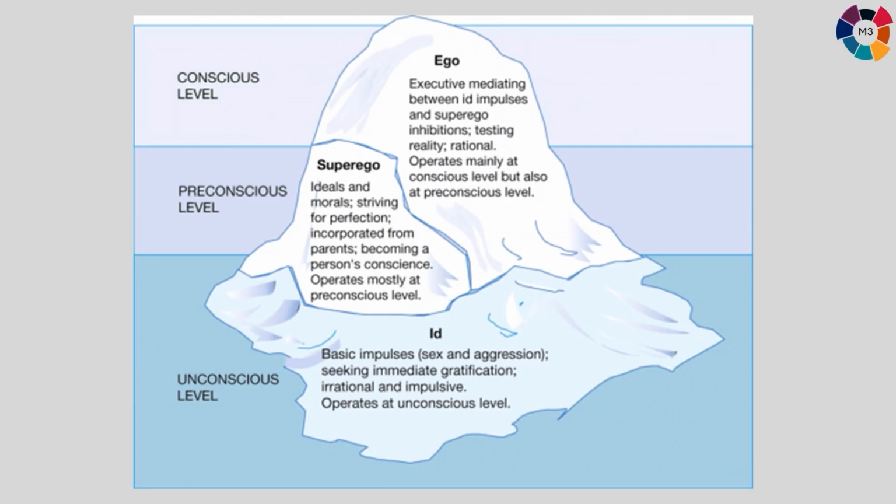To explain these concepts just a little bit further, on the conscious level, our ego does things like executive mediating between id impulses and superego inhibitions. So it kind of tests reality, it's rational, and it operates mainly at a conscious level, but also a little bit of a preconscious level. The superego is our ideals and morals, striving for perfection.